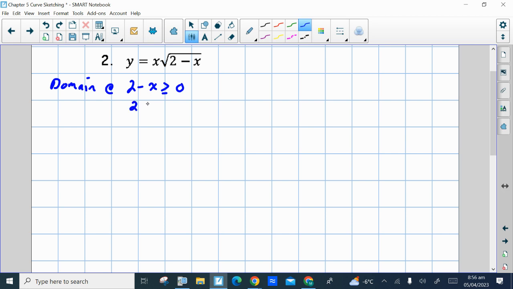And so, if you solve for x by adding x to both sides, we'll get x must be less than or equal to positive 2. So there's our domain. So we're going to have that restriction. There's no rational function here, so there are no asymptotes. We didn't talk about that on the last one, but you only have asymptotes if you have a rational function.